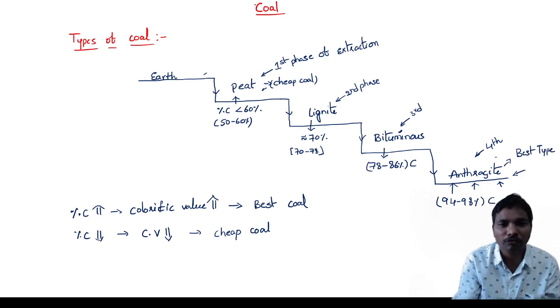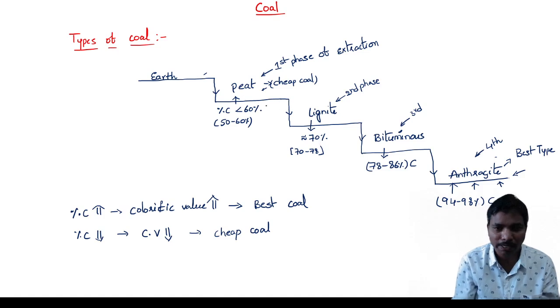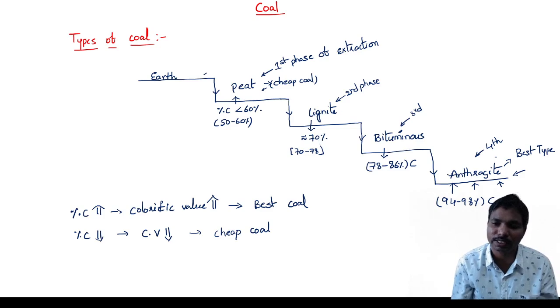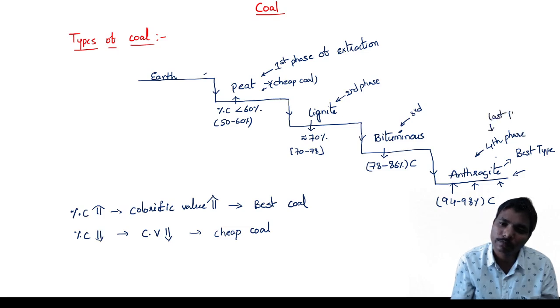Coming to the phases of extraction: peat, after that lignite, after that bituminous, after that anthracite, which is the fourth or last phase of extraction. Let us note this down.